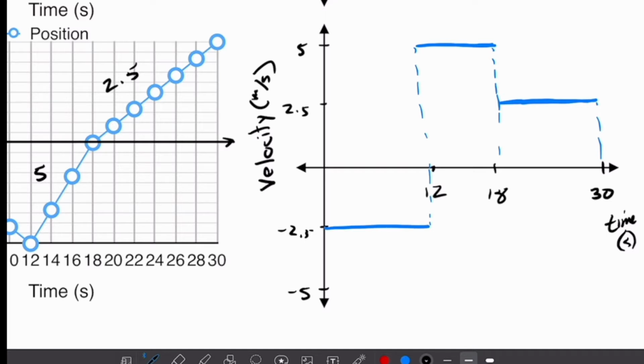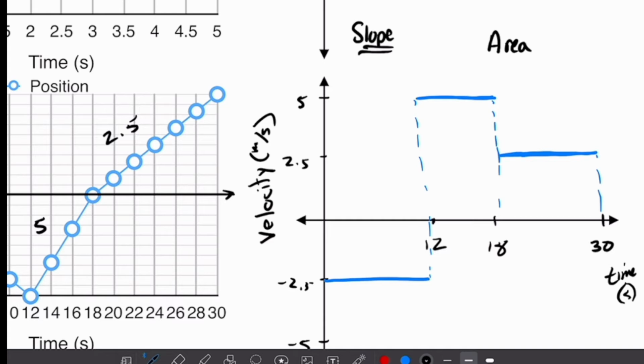Now, as we discussed yesterday, the thing I would encourage you to always do when given a new graph is to identify what information you can get from looking at the slope and looking at the area. So you should always consider the potential value of the slope and the area. For the slope, we take whatever is on the vertical axis and divide it by whatever's on the horizontal axis.